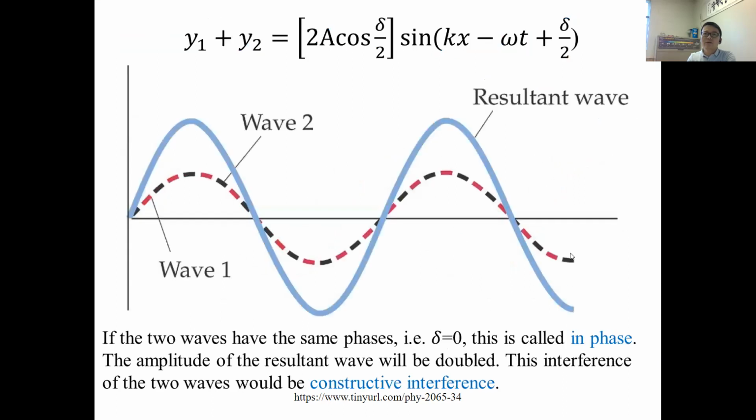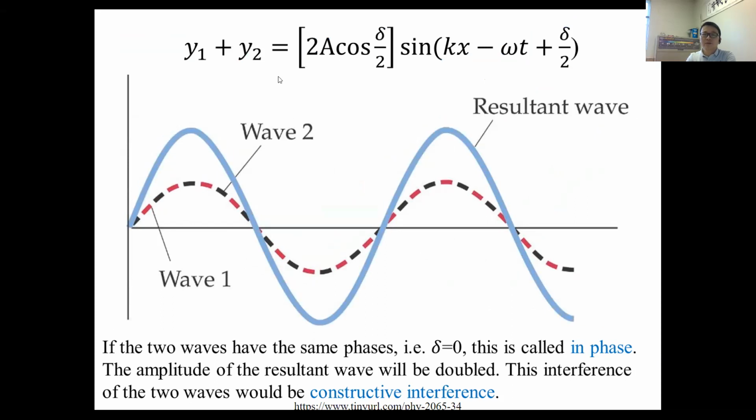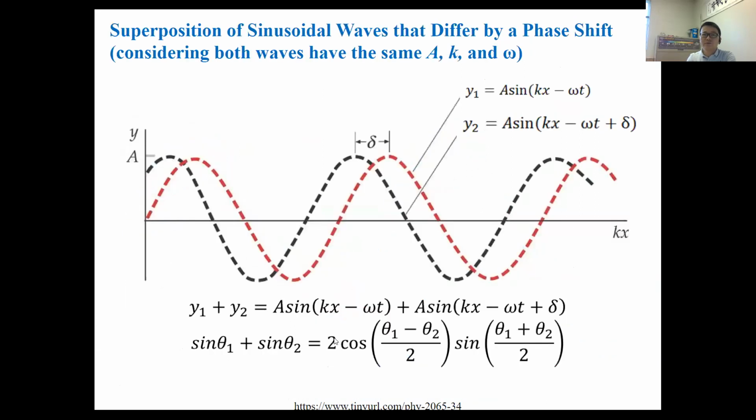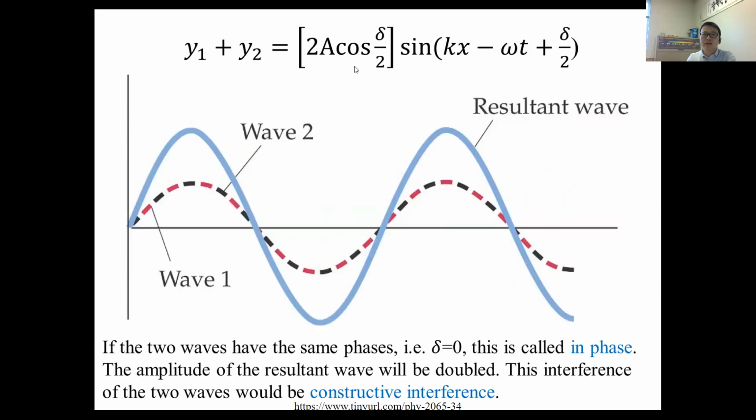So the result will be y1 plus y2 equal to 2A, because there's a 2 there. Okay, so 2A cosine of delta divided by 2, and then sine of kx minus omega t plus delta divided by 2. Now, in the case where the two wave functions are identical, that means delta equals 0.